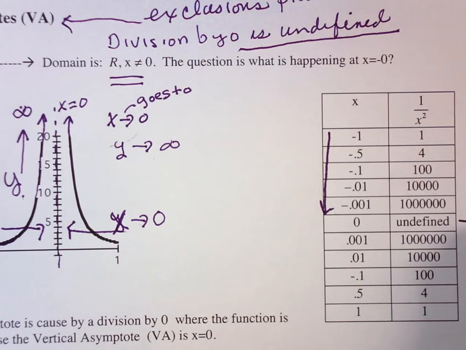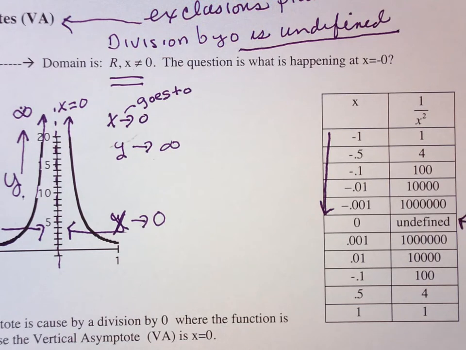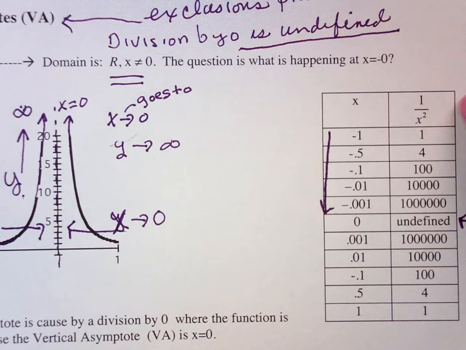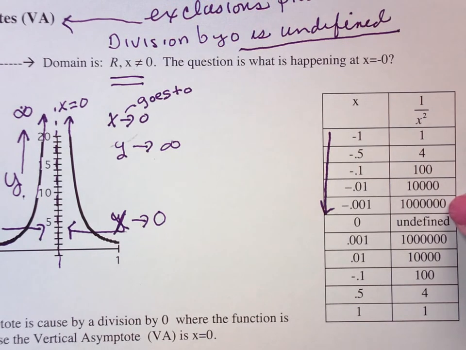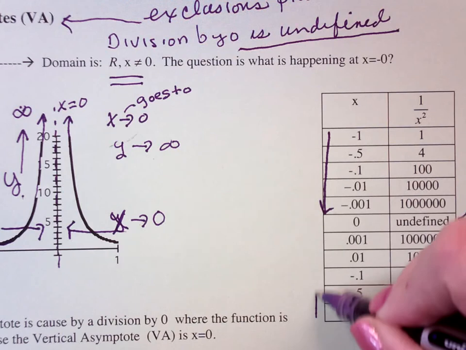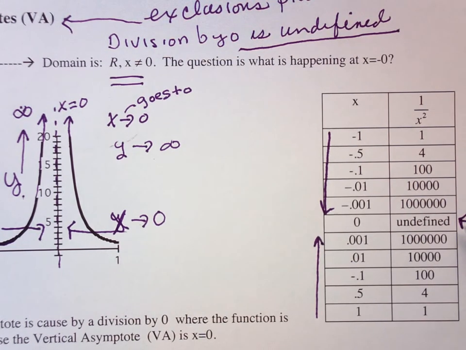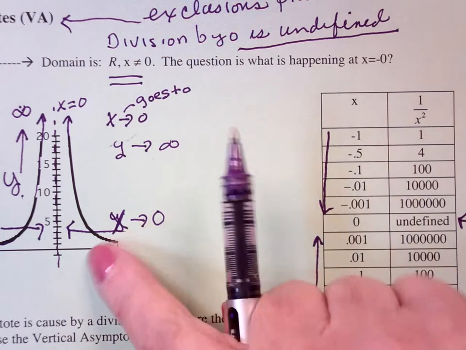We would say at 0 it is undefined, because 1 over 0 squared is undefined. But the closer I get to 0, the bigger the y values are getting. Now, if I'm coming in from 1 on the other side, you notice you have the same thing happening. 1, 4, 100, 1,000, a million. The y values keep getting bigger and bigger.